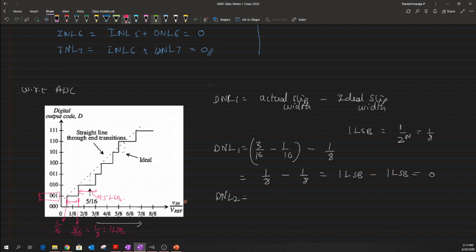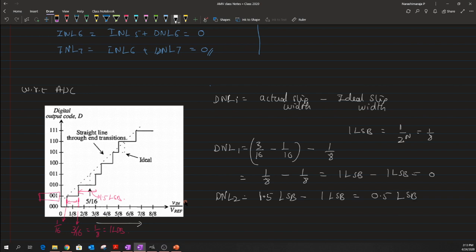I'm just going to use 1.5 LSB as the actual step width. I have not done the subtraction; I have just read this value from the figure. It is 1.5 LSB minus the ideal step width, which is always 1 LSB, due to which we have a DNL error of 0.5 LSB.